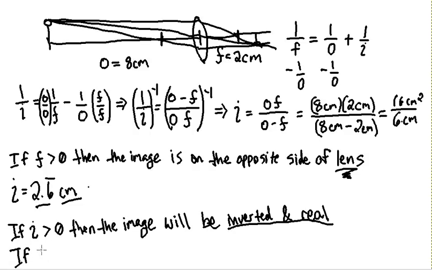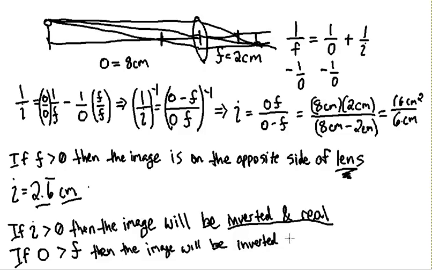And another thing that I should put: if O, and this is not 0, this is the O, if the object is further away from the lens than the focal length, and this is true for mirrors too, then the image will be inverted and real.